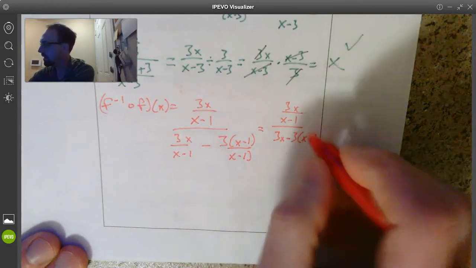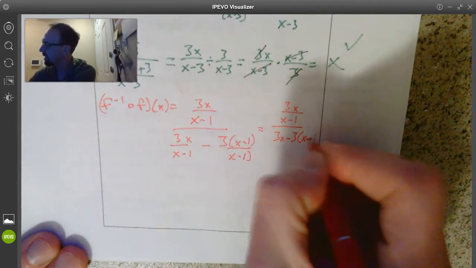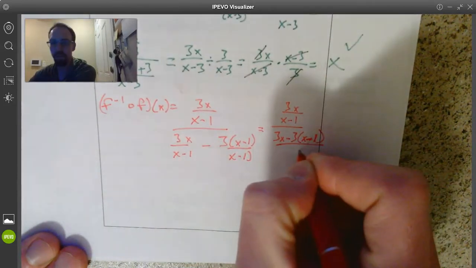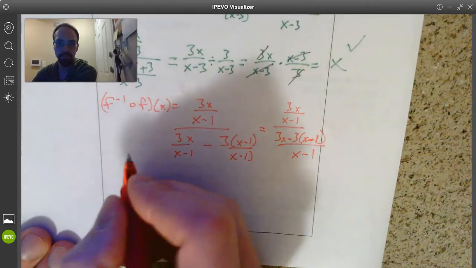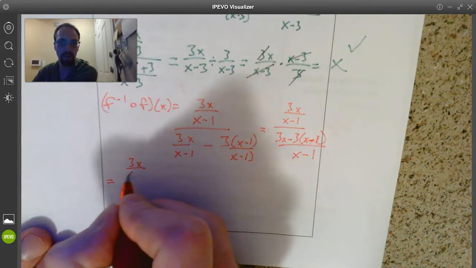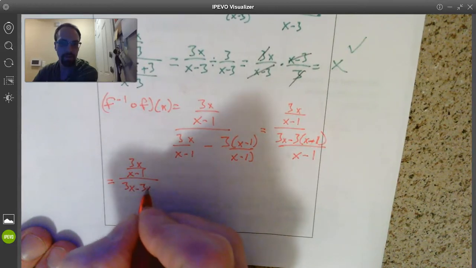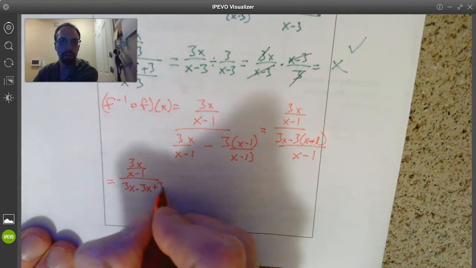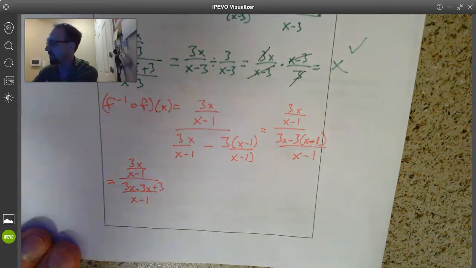So that gives me 3x over x minus 1 all over 3x minus 3 times, parentheses, x minus 1, excuse me, x minus 1 all over x minus 1. Then distributing here, I have 3x over x minus 1 all over 3x minus 3x plus 3 all over x minus 1. You should see that it looks very similar to the other one at this point.